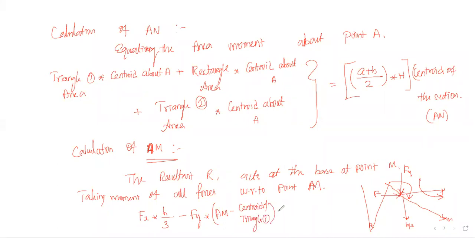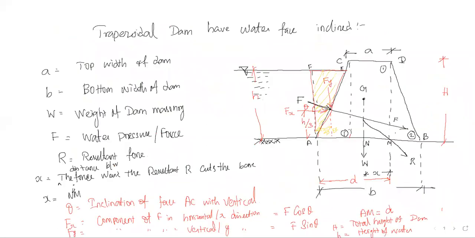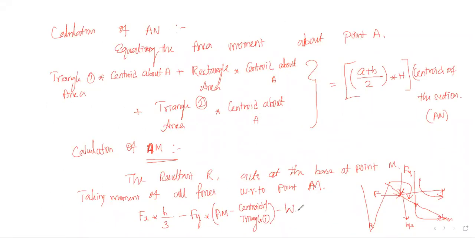Then the next force is W, acting downward, and the distance is NM. W into NM is also in the anti-clockwise direction, so we give a minus sign. So the sum is equal to 0. By using this formula, we can calculate the value of AM.